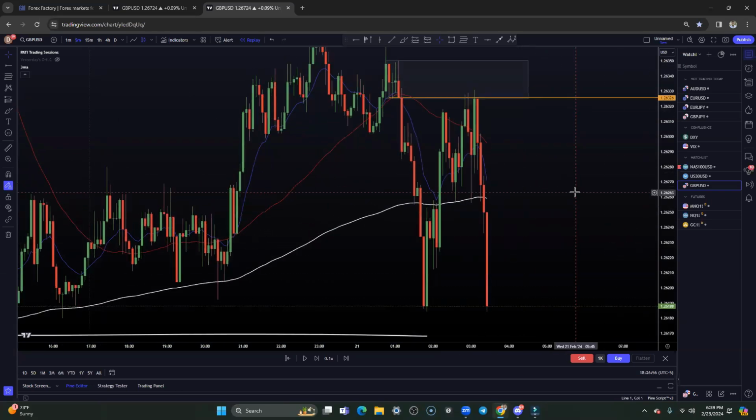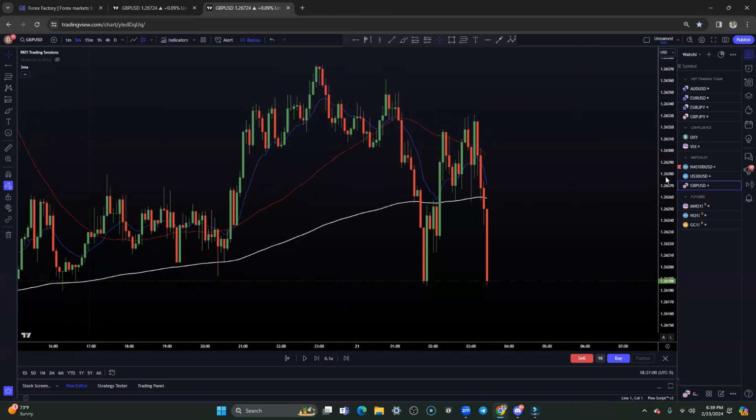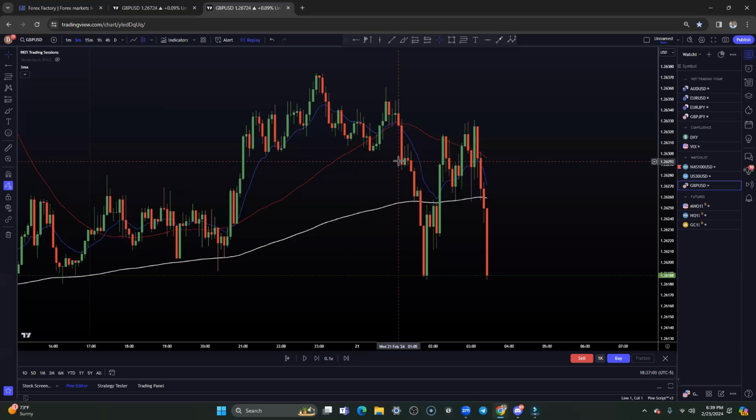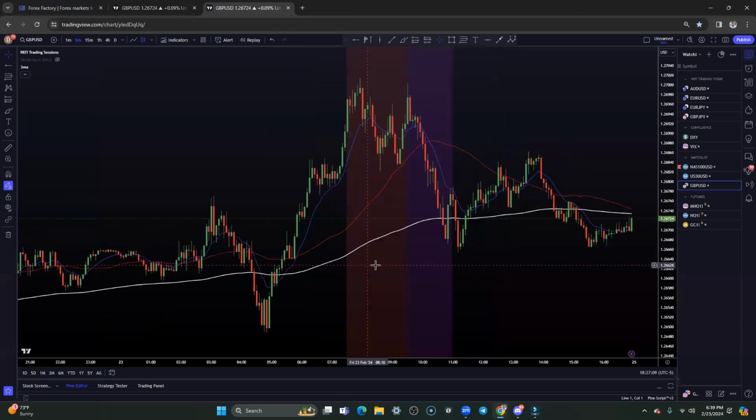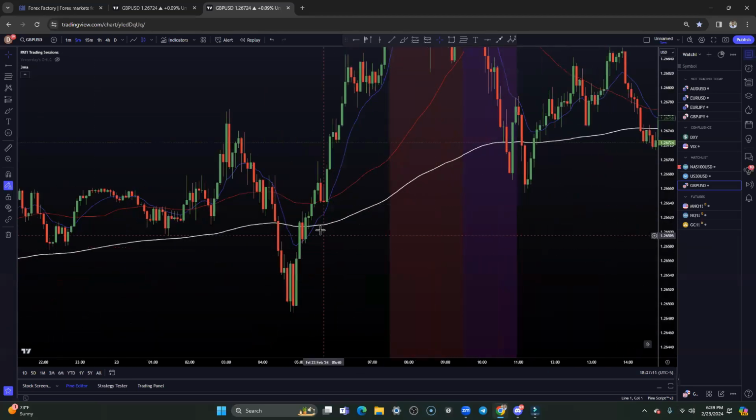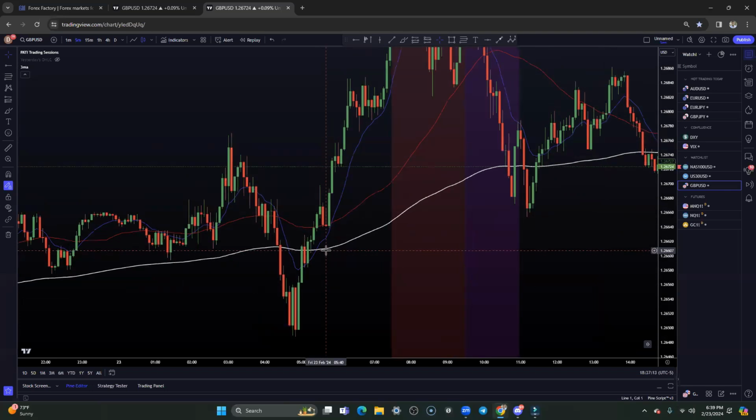All right, and then the second setup is also on GU. It was today. It tapped at 5:30 Eastern AM, my bad, and I got an aggressive entry, so I took it.